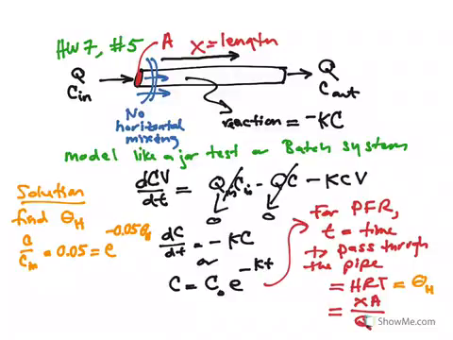So that means that ln 0.05 divided by negative 0.05 is equal to the hydraulic residence time, which comes out to 60 days.